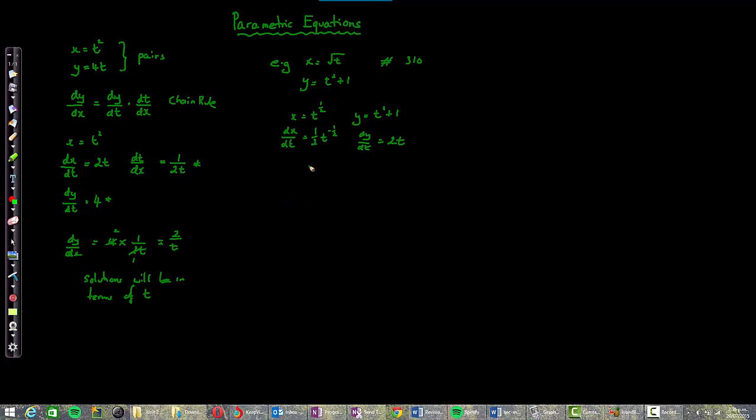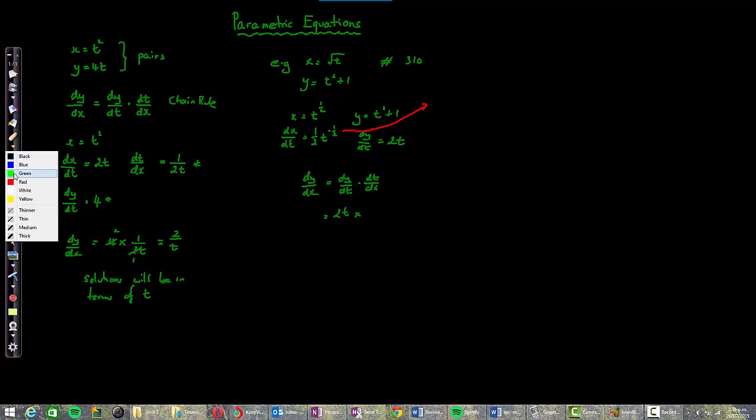Using the chain rule again, dy over dt times dt over dx. Well, dy over dt is 2t. Now, dt over dx, I need to take the reciprocal of that. Well, that's a little bit untidy to do it that way, so let me just see if we can do some work over here.